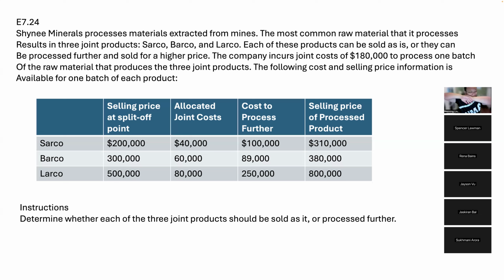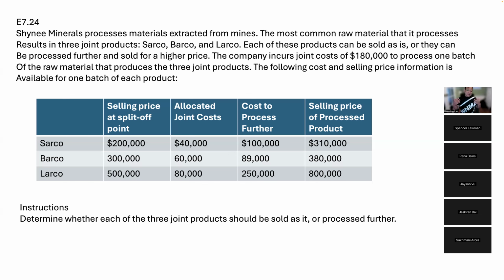So you know the selling price at those split off points, and then there is the allocated joint costs, the cost of further processing, and the selling price of the processed product. The question they are trying to decide is whether to sell this product now, or process it further and sell the processed product.